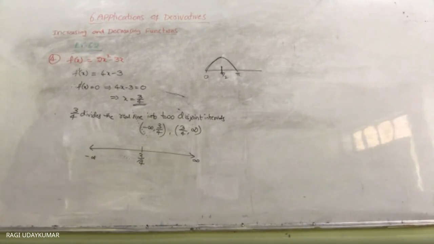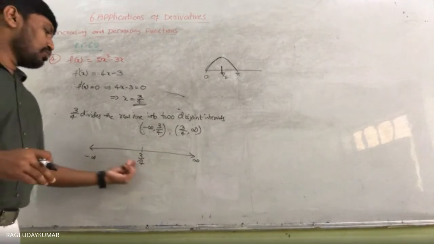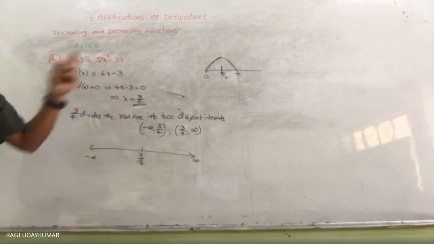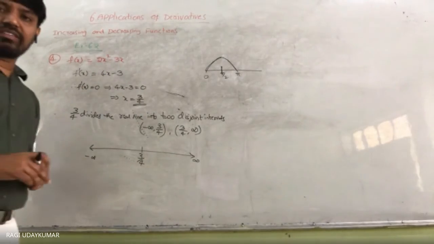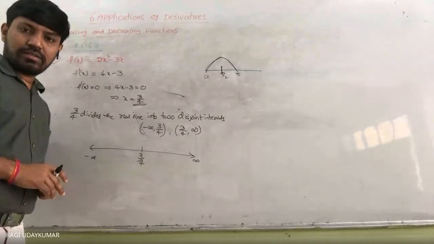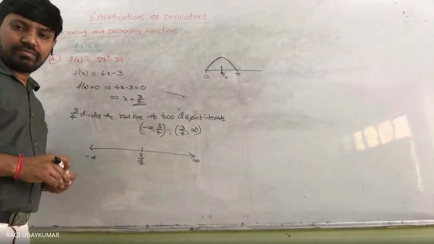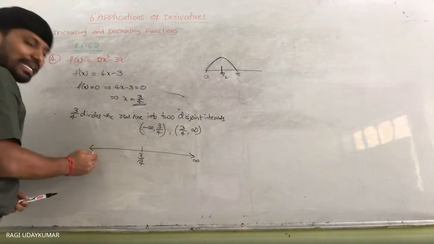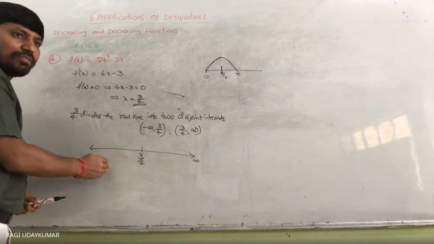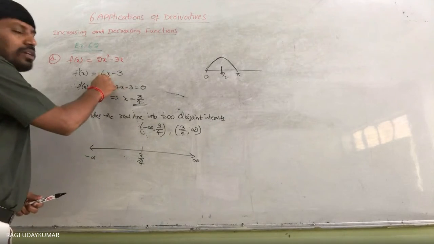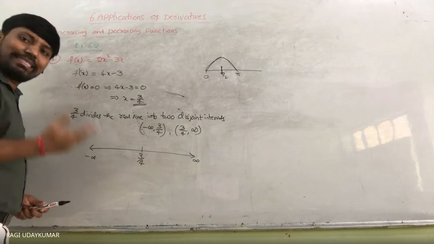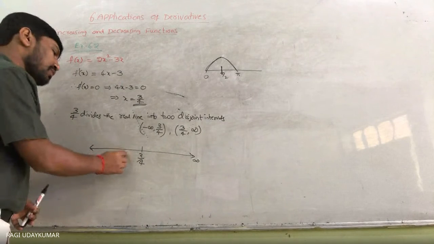So in the interval minus infinity to 3 by 4, how does f dash of x behave? It will be less than 0, obviously. Take any point less than 3 by 4, for example 0, and substitute in 4x minus 3. What is f dash of x you are getting? Minus 3, less than 0. Any number you take less than 3 by 4, you are going to get less than 0.